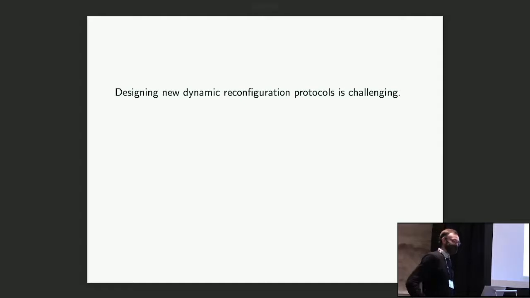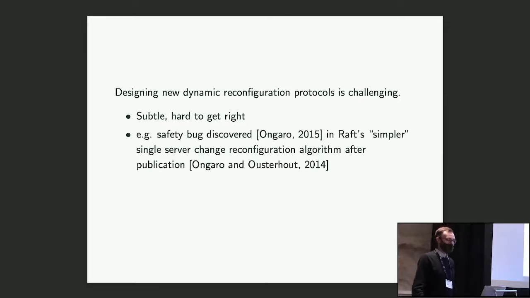But typically, designing these types of dynamic reconfiguration protocols has been somewhat challenging. In the past, they've been subtle and difficult to get right, as exemplified in one particular case by a safety bug that was discovered in one of Raft's proposed simpler single server change reconfiguration protocols, which was only found after its initial publication.